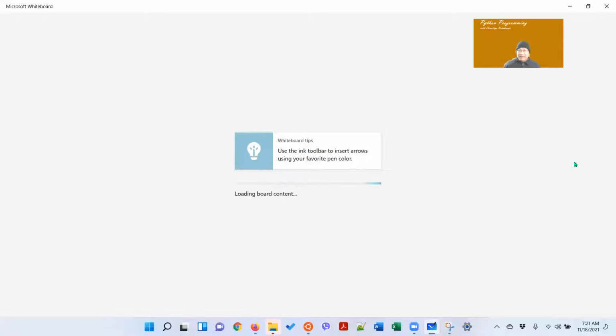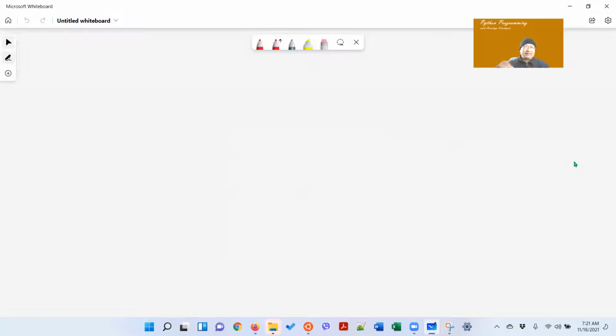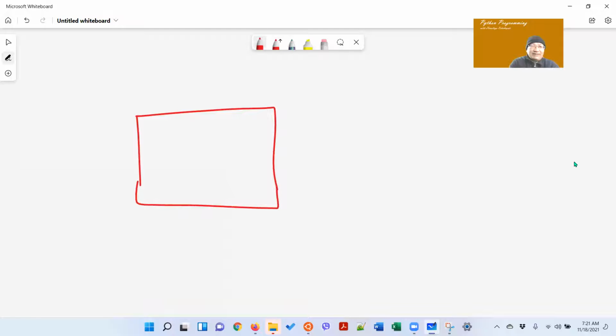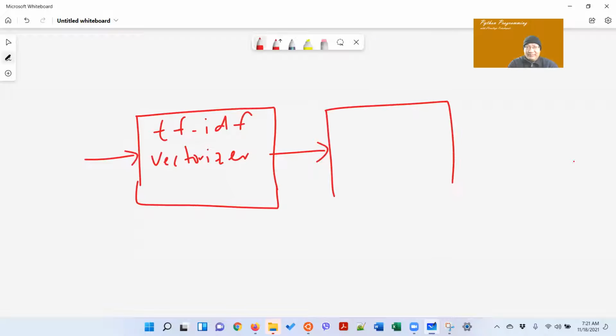Okay, so for the pipeline there are two things. What are they? TF-IDF, okay. So first, the TF-IDF vectorizer, and then the output from there becomes the input here, and then where does it go?